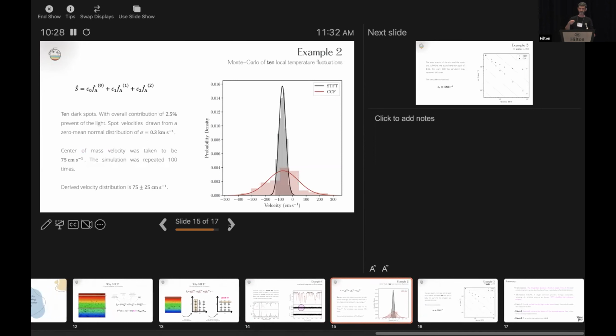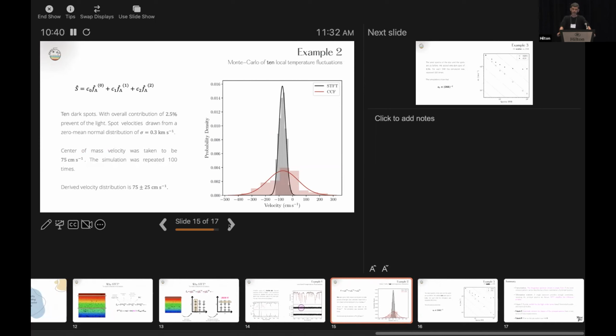This is the model we fit from the first parameter. The phase of the first parameter contains the radial velocity information. And now what you look at is a Monte Carlo simulation. We drew 10 spots, added them into the spectrum and fitted for it. Each spot was ascribed a different contrast and different velocity.